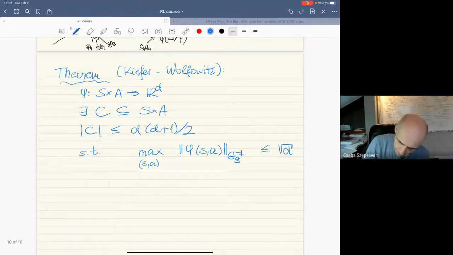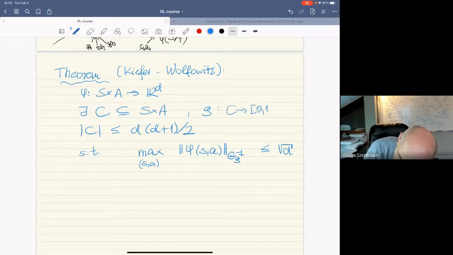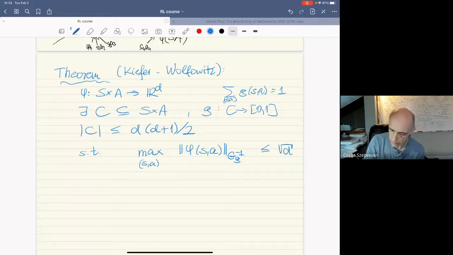And so this rho maps C to [0, 1], such that the sum of the values, so this is a distribution on C, is 1.